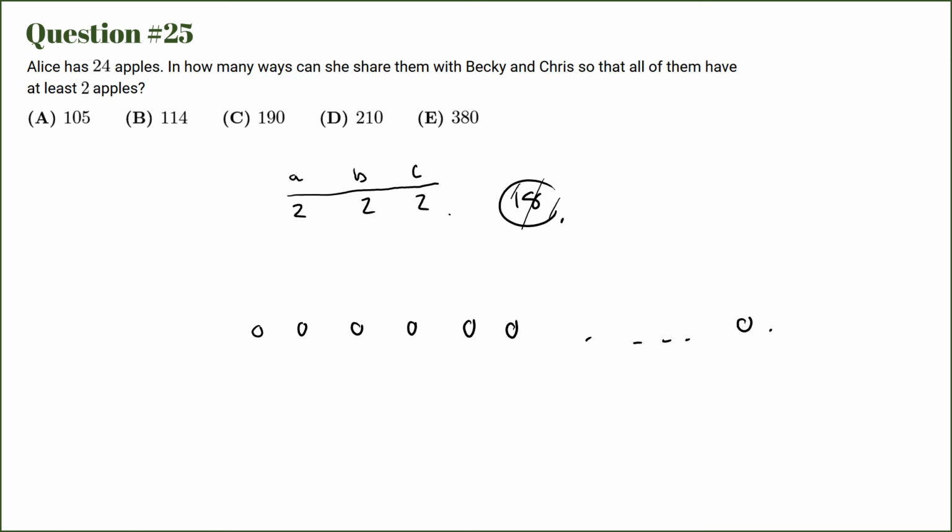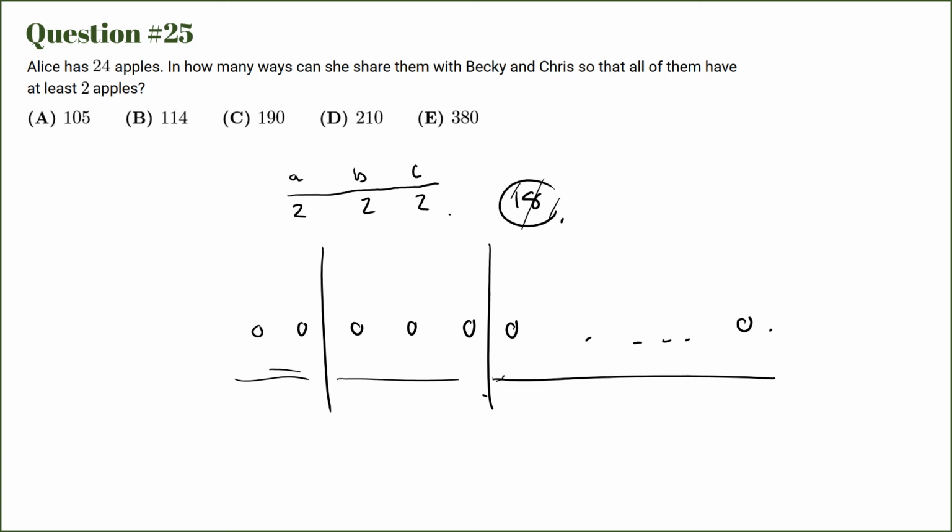For example, everything on the left of this intersection could be A, everything in the middle could be B, and everything to the right could be C. And you can divide them into 3 parts by using 2 little bars.